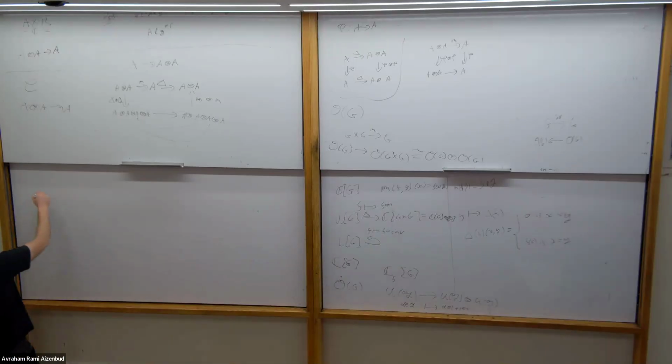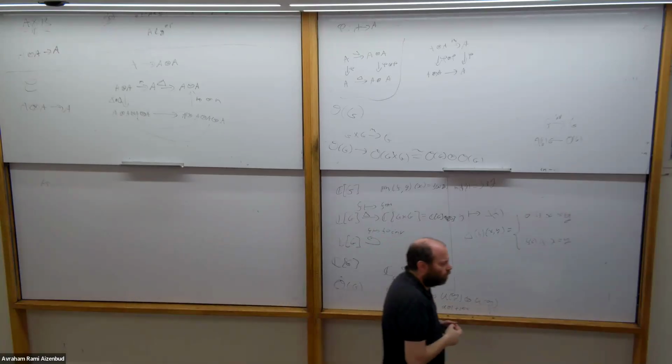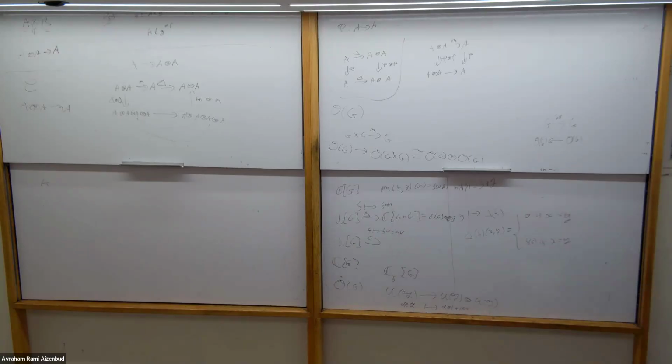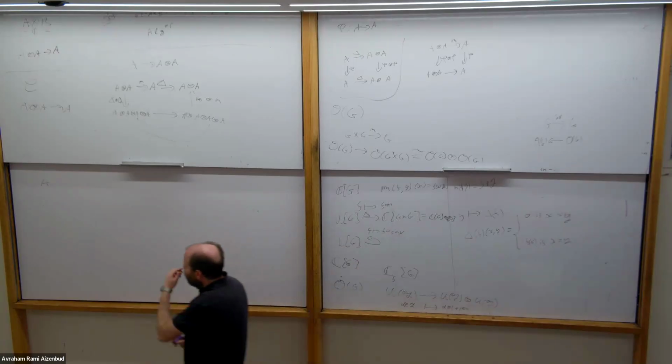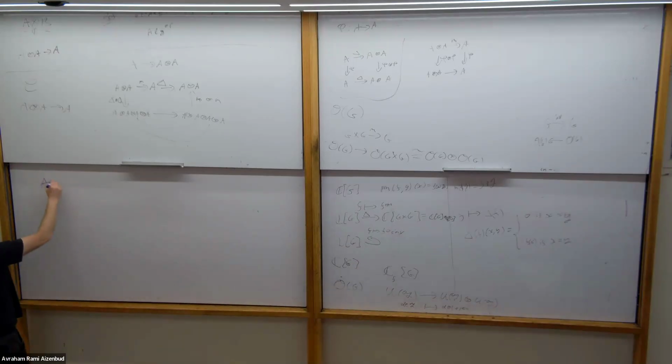So if you have A, a bialgebra, we can consider A-modules, just ignoring the coalgebra structure. What does the bialgebra structure give you? It gives you a monoidal structure on this category.